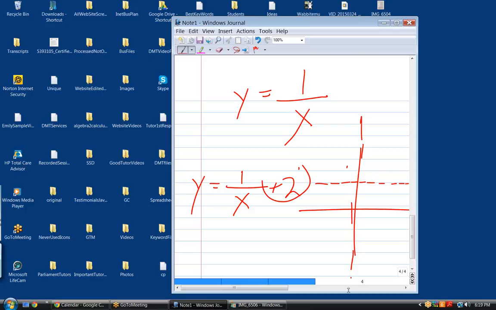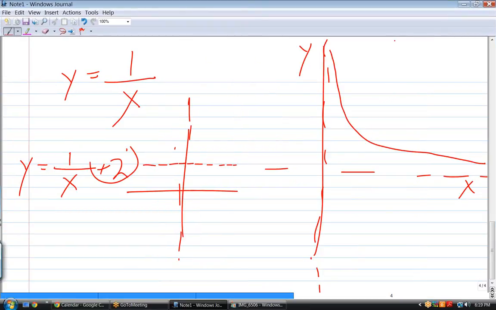Still have a vertical asymptote at X equals 0 because X still cannot be equal to 0. And if I graph this, it looks like this. I use my asymptotes as my grid, and it's hyperbolic still.